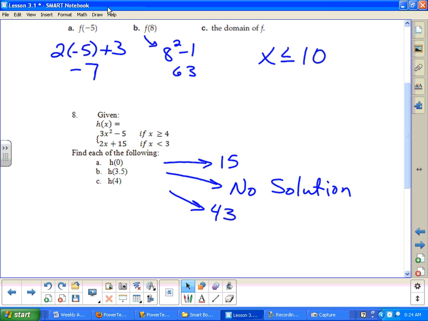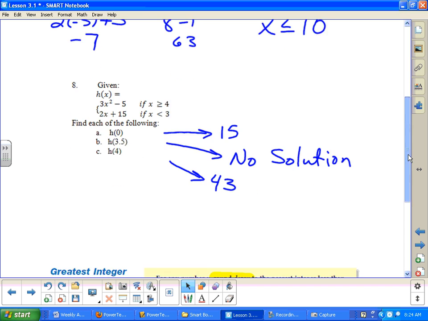And for h of 4, it's greater than or equal to 4, so I do 3 times 4 squared minus 15. Make sure you square the 4 before you multiply. Big problem that people have, going back to not using your calculator at times, okay? All right? It's having multiplication errors.